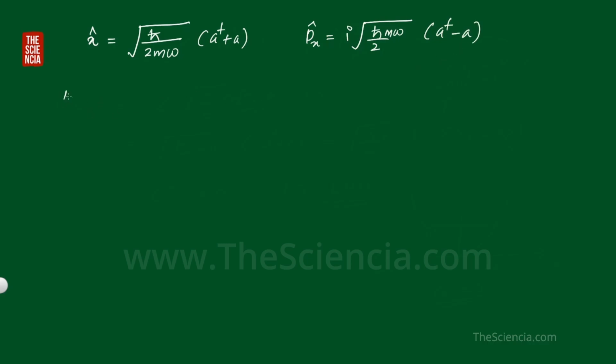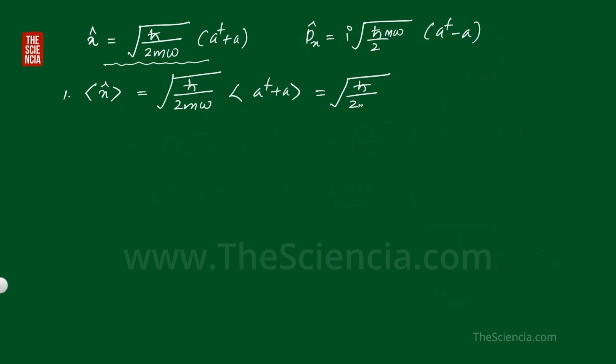Now the first one, we have to find out the expectation value of x cap, that is expectation value of this term, right? That is root of h cross by 2m omega expectation value of a dagger plus a, that is root h cross by 2m omega expectation value of a dagger plus expectation value of a. Here what is this thing?